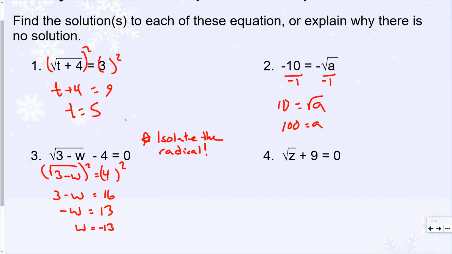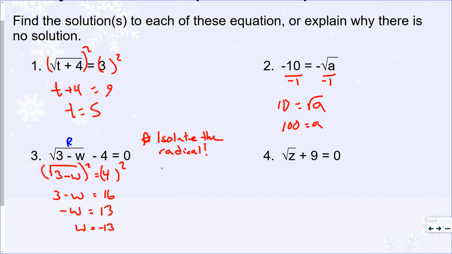How bad would that be? Well, here's the thing. Let's replace this radical with some letter. Let's call it r, okay? I'm going to say that r represents this radical, just so that I don't have to write root 3 minus w again, okay? So watch what happens.